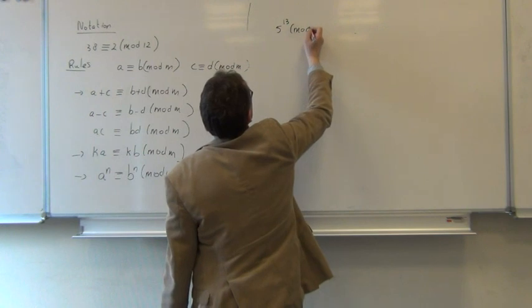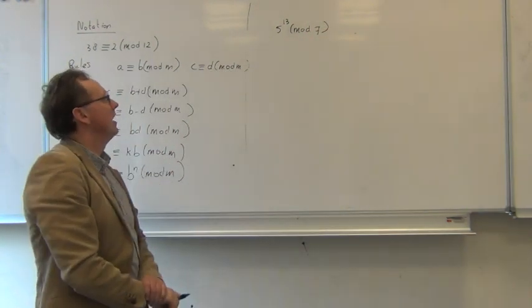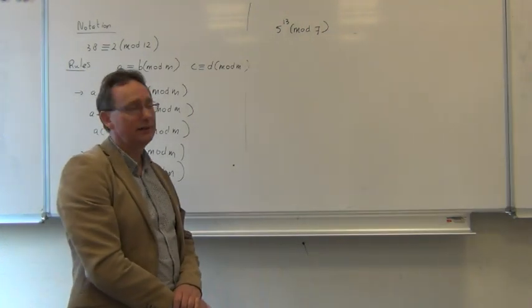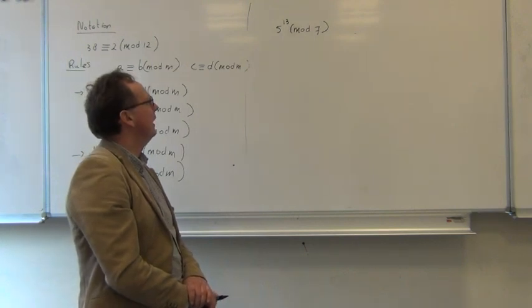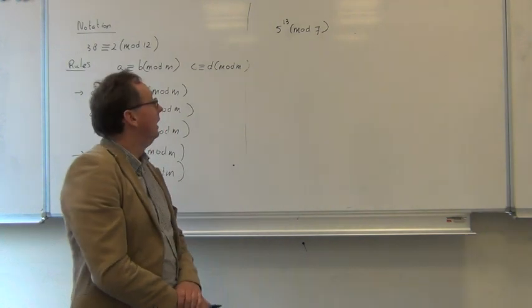So if you take 5 to the power 13 and you divide by 7, what will be the remainder? You can say, well, I just type it on my calculator, but it turns out we can do a lot just by using some common sense and applying the rules.